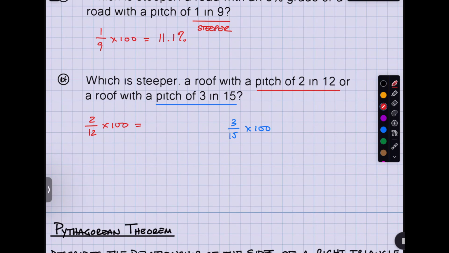What's 2 divided by 12 times 100? And 3 divided by 15 times 100? 20. So which one is steeper? Pretty easy?